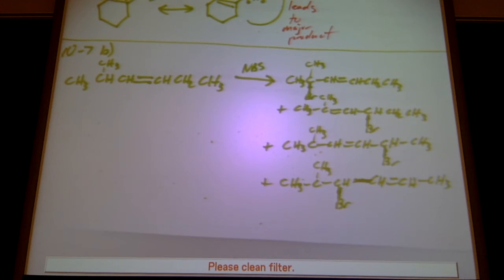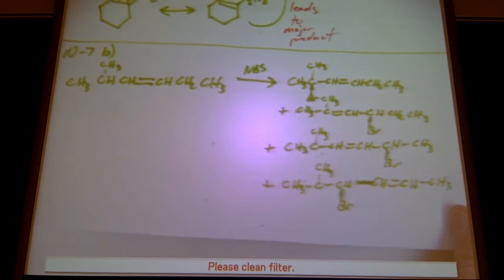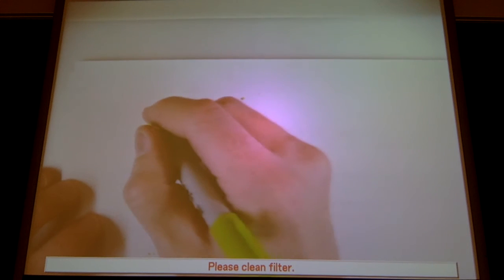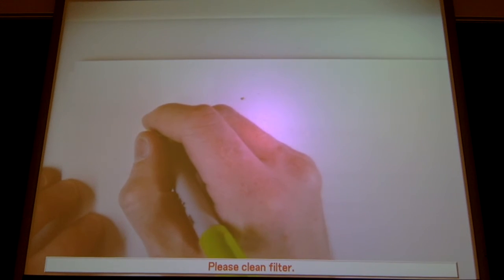Now we'll look at some other ways to prepare alkyl halides. Another way is preparing alkyl halides from an alcohol. When we get to organic 2, we'll also see these reactions again when we talk about reactions of alcohols. Alkyl halides can be prepared by adding HCl, HBr, or HI to an alcohol.